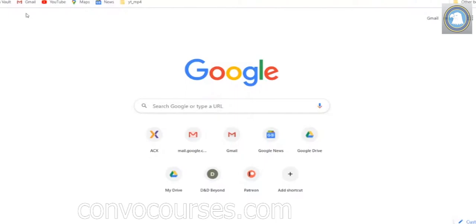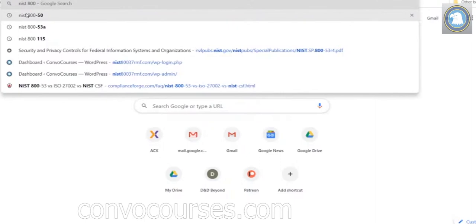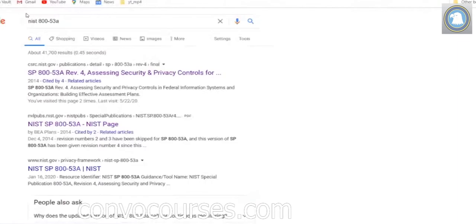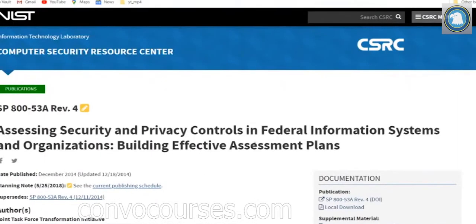Anything else? Yeah, there's a couple. There's 800-50, which is talking about awareness training. Another really good one is 53A, which you probably already know about. This is a really good one. This one is really good for people doing assessments on security controls.